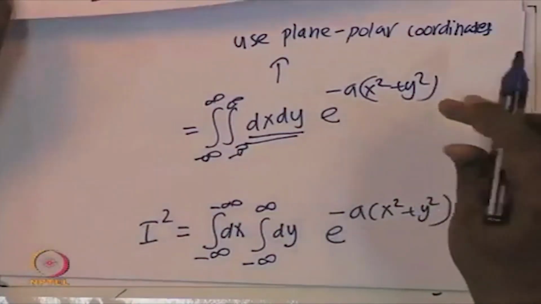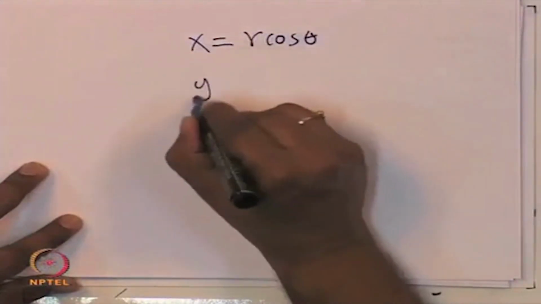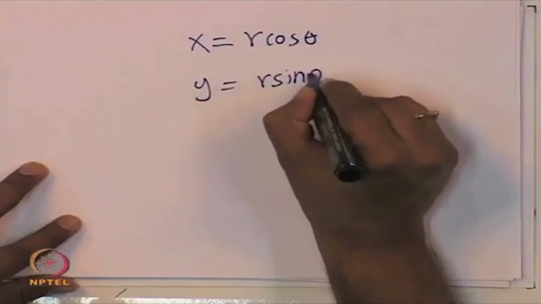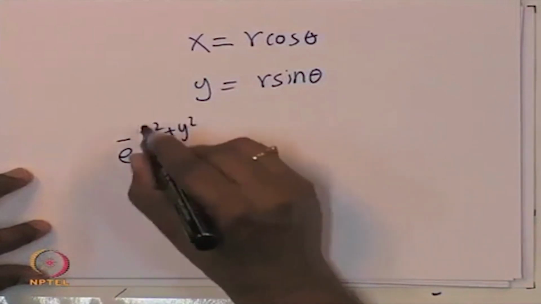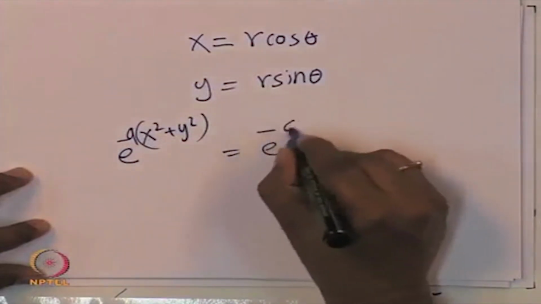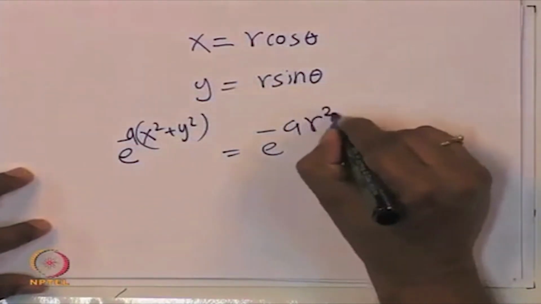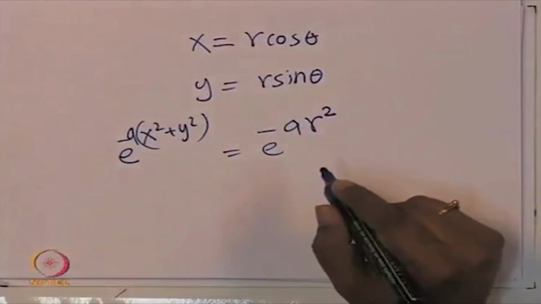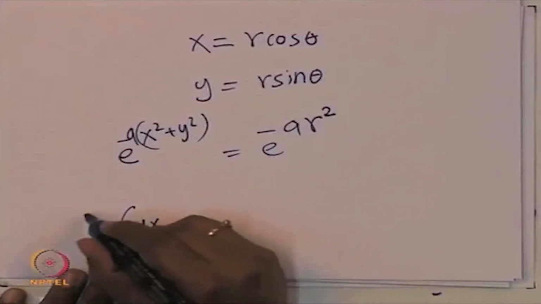If I use plane polar coordinates, I can substitute x equals r cos theta and y equals r sin theta. So, e^(-a(x² + y²)) will be e^(-a(r² cos²θ + r² sin²θ)), which is just r². So, it will be e^(-a r²). Then we have an integral which is dx and dy.